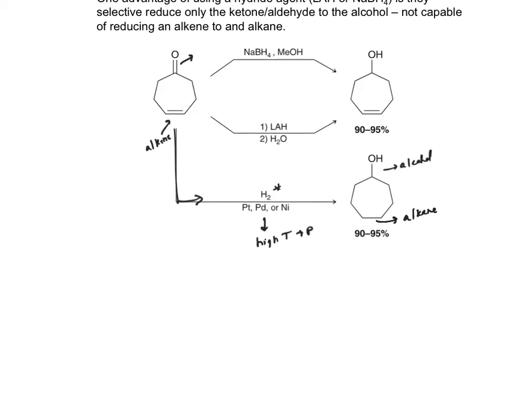So if you actually wanted to keep the alkene, you couldn't use that reaction. Instead, sodium borohydride as well as lithium aluminum hydride are specific for reduction only of the ketone to the alcohol. So the alkene is not reduced in the presence of these guys.